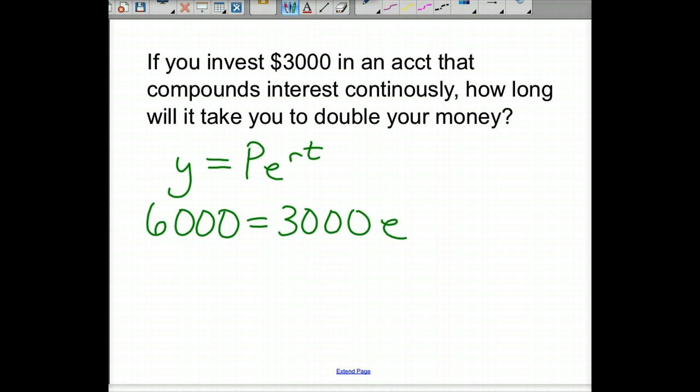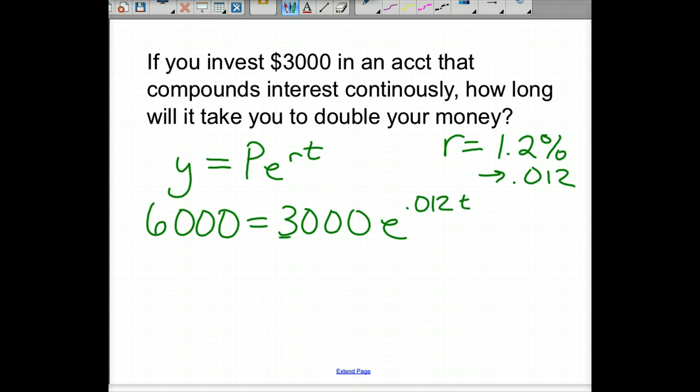And we probably need our interest rate. Sorry, interest rate equals 1.2%. So we'll fill in the interest rate. And since the rate is written as a percent, we want to change it to a decimal. So we're going to use 0.012 for r, and then times t.